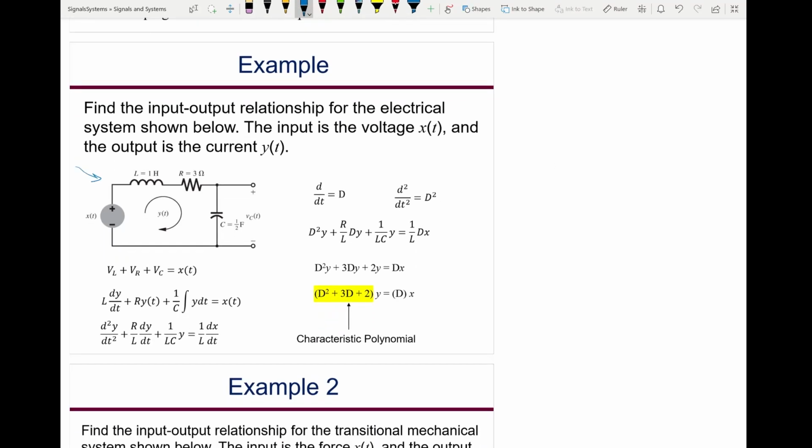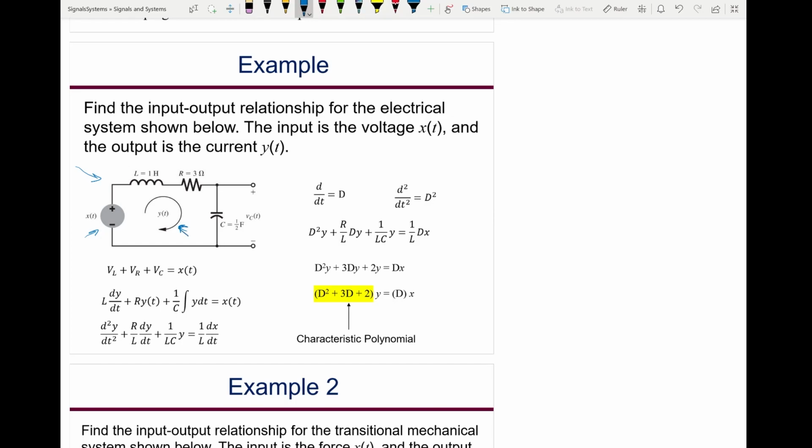We define x of t as the voltage source, and the output I'm interested in is the current y of t in this loop. In a different problem I could choose the voltage across the capacitor, or the voltage across the resistor, as y of t. But in this example, we chose the current.